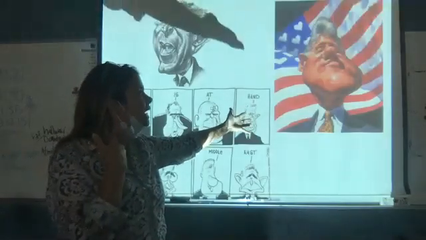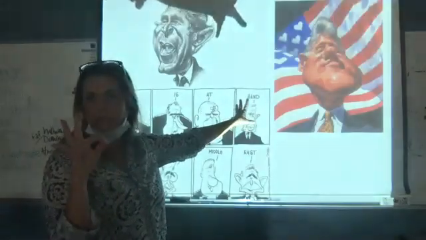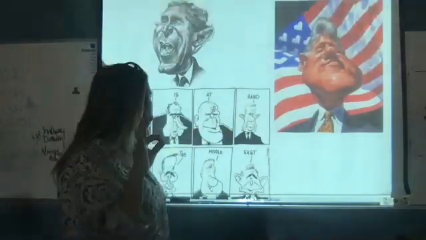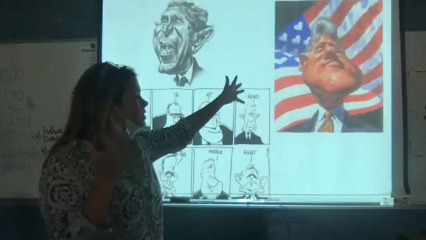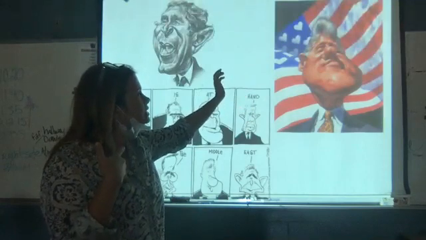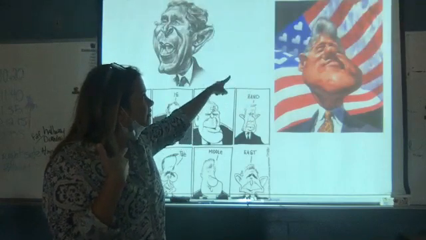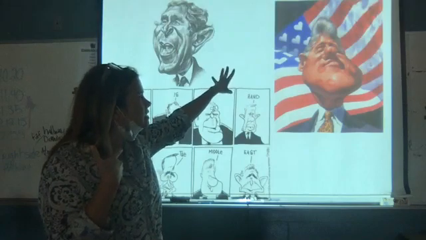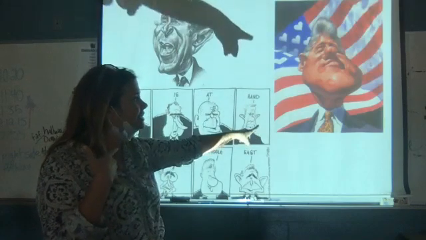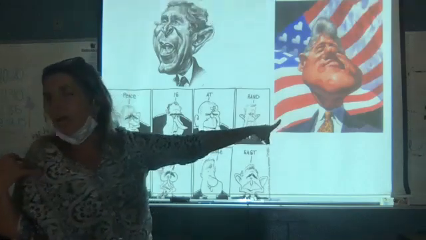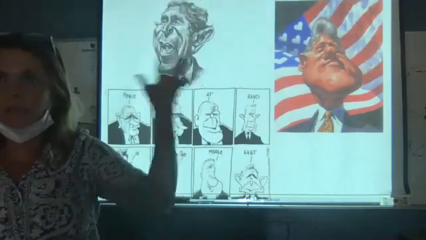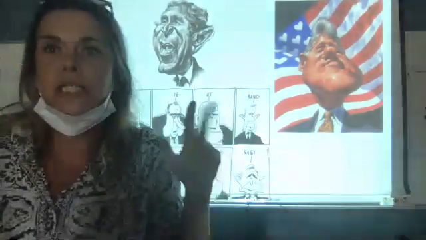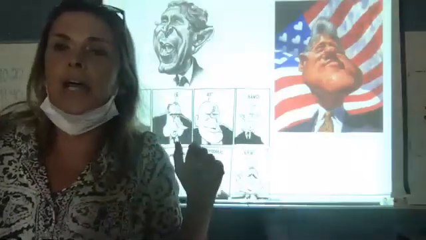This one's my favorite up here. It's Bill Clinton, and this is what I love about political cartoons. I love it not necessarily when there's words involved, because you have a very distorted image of him. There's lipstick all over him. The flag has hearts in the background instead of stars, and his tie is a leopard print tie, which, if you know anything about Clinton, he had some sort of relations with a staff member at the White House.